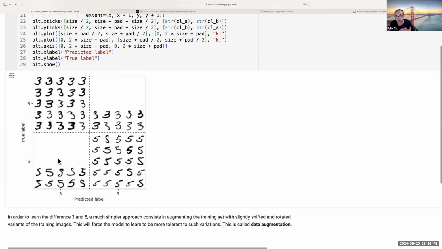We might need data augmentation to make this model learn to be more tolerant of that kind of variation. This is something we're going to talk about in the neural network classes, and it turns out to be one of the things that is necessary to do if needed.